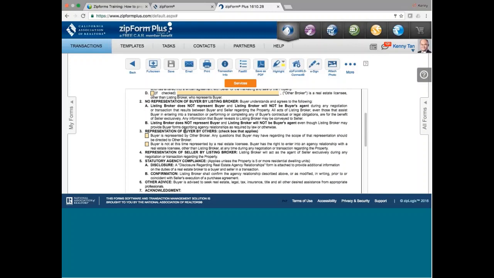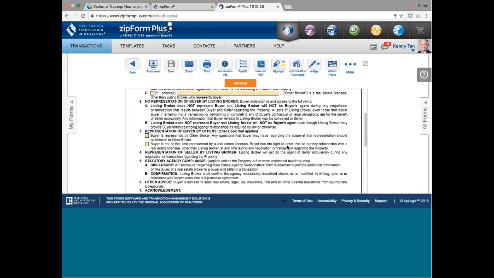Representation of buyer by others. Usually you don't sign this form if the other side is represented by an agent, so this box is really applicable. And then you would check this box. It will say buyer is not represented at this time by a real estate licensee. Most of the time you check this box. Buyer has the right to enter into an agency relationship with a real estate licensee other than listing broker at any time during any negotiation or transaction regarding the property.